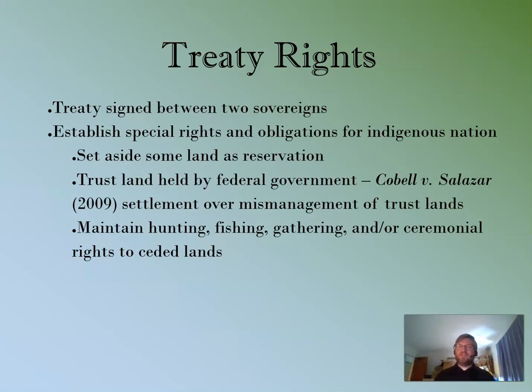So the federal government took this land into trust with the idea that the federal government would manage this land, that they would profit from this land by selling rights to cut timber or to drill for oil and these kind of things. And then the money that was earned from that would then be put into an account for the tribe whose land it was.